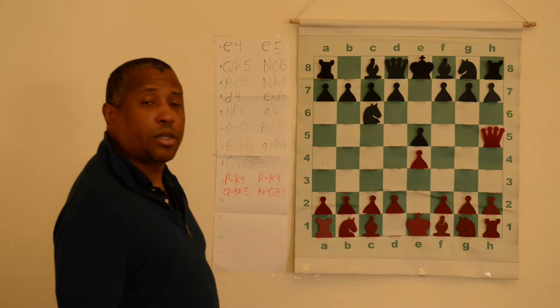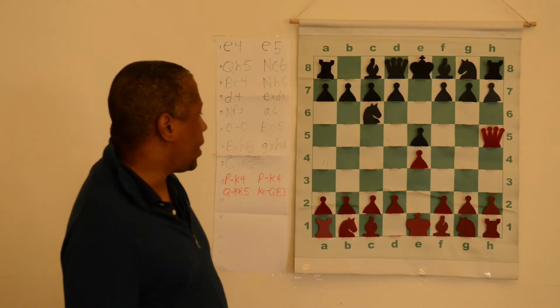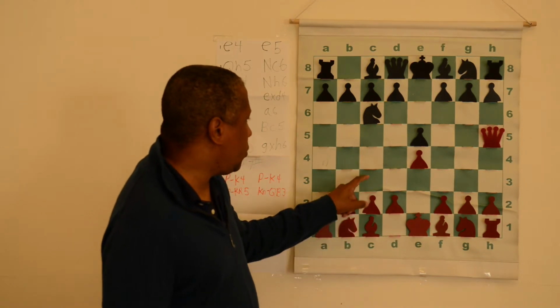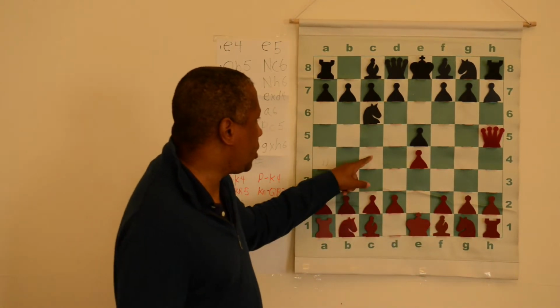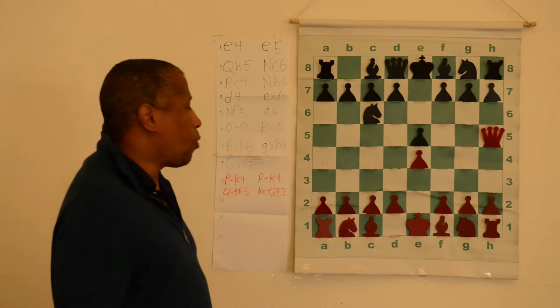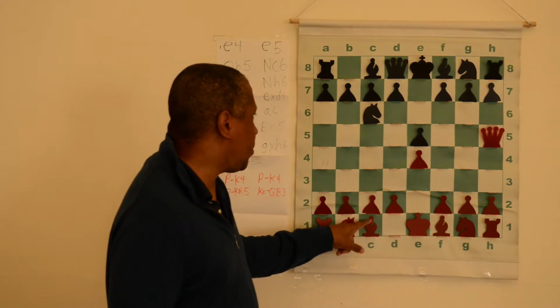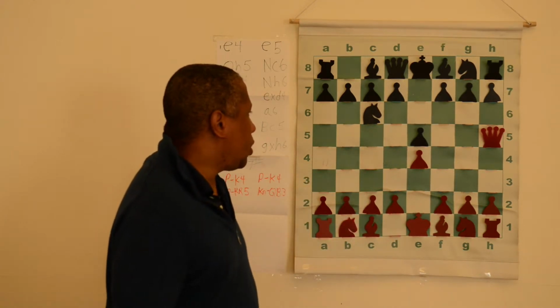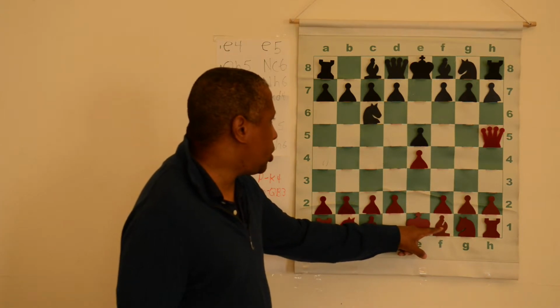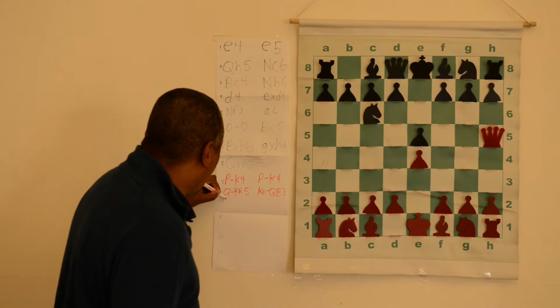Now, the next move is BC4 for white. So here's C, C1, C2, C3, C4, and we move the bishop there. Now, in descriptive notation, this is the queen's bishop file. So it would be bishop to queen's bishop 4. So we'll write that down.